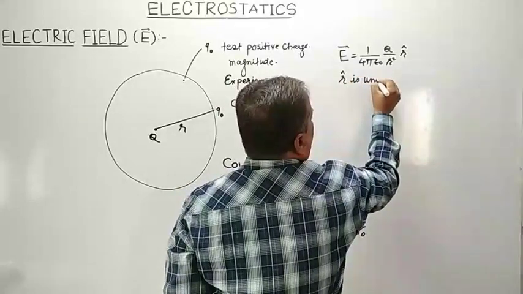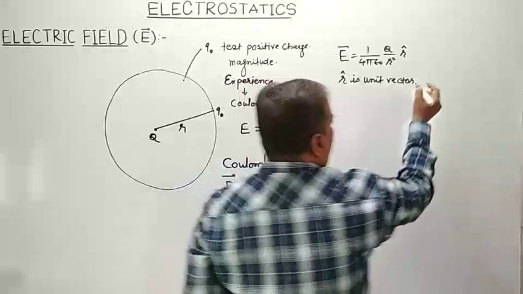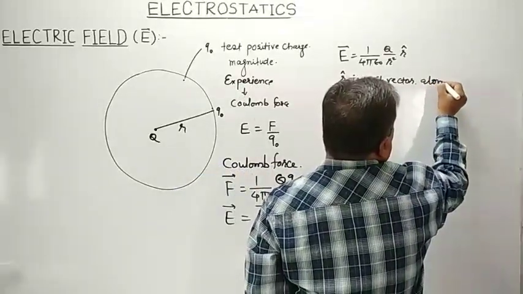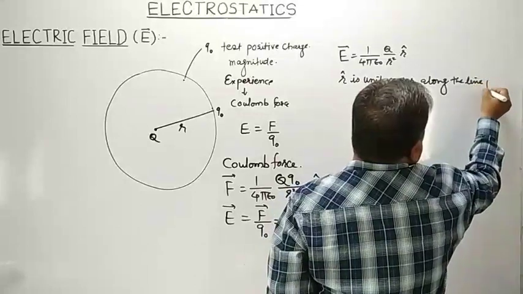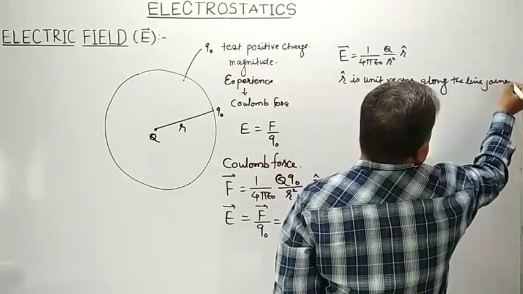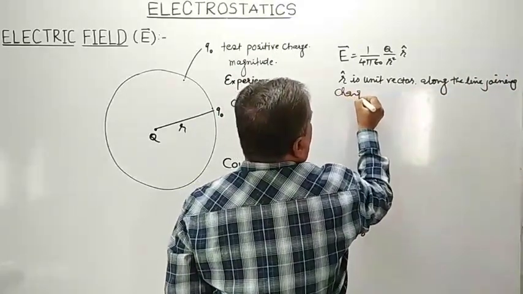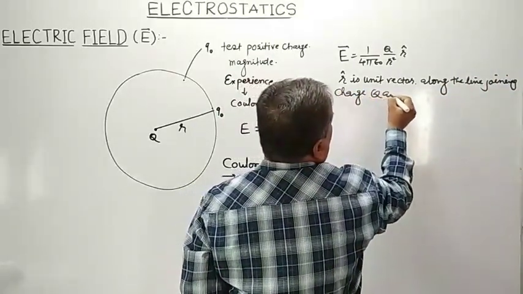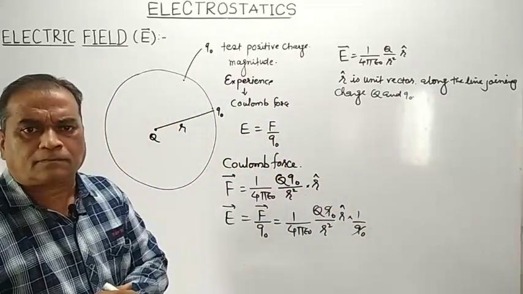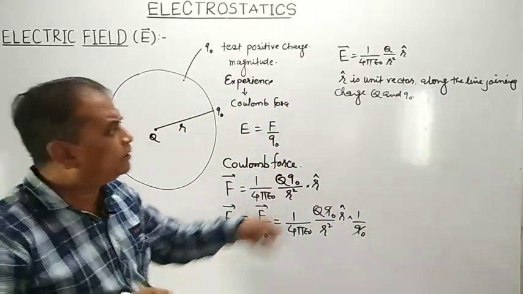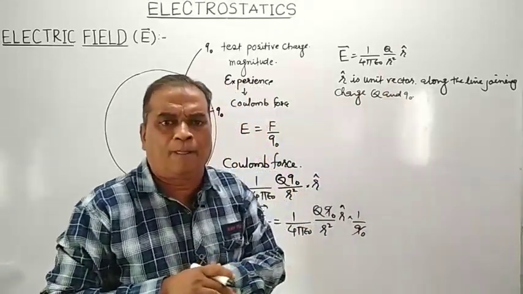Here r cap is a unit vector along the line joining charge Q and that of Q0.